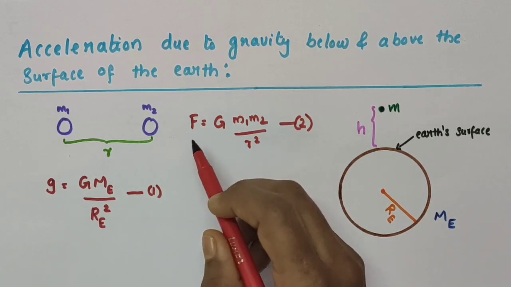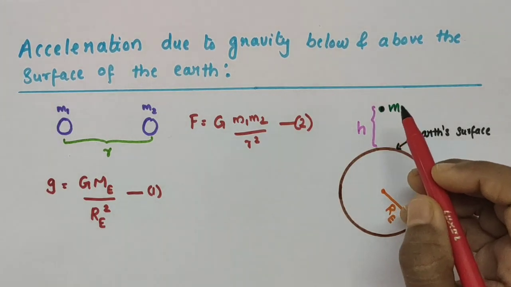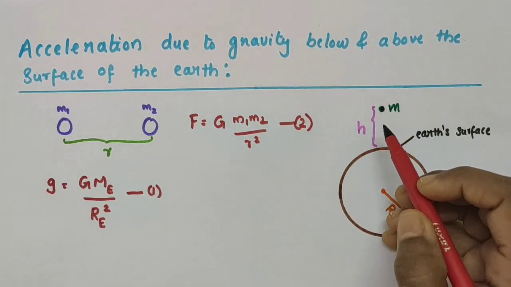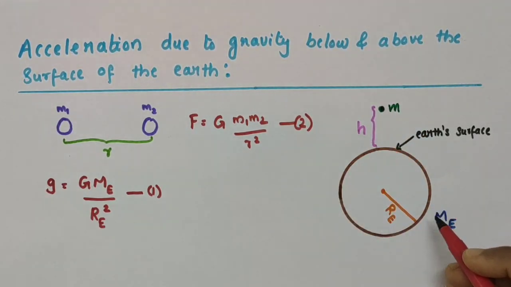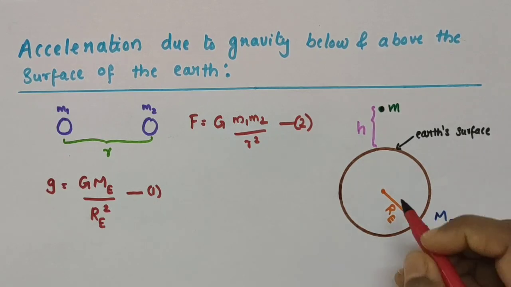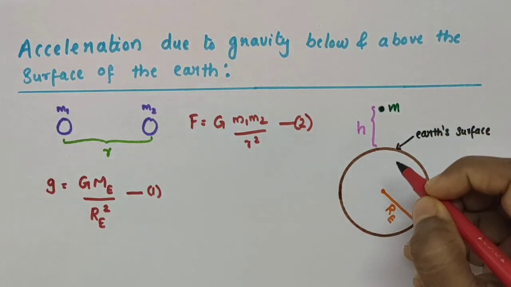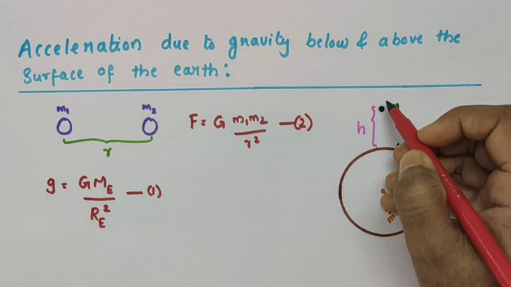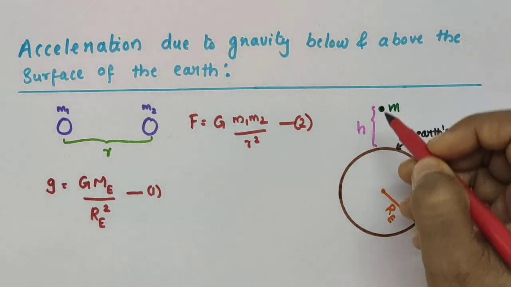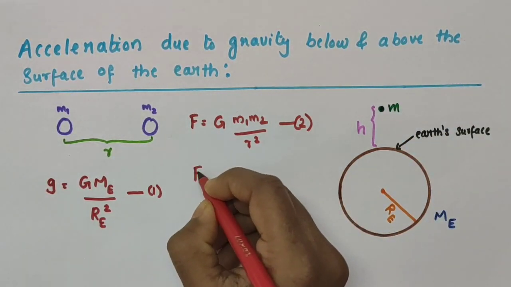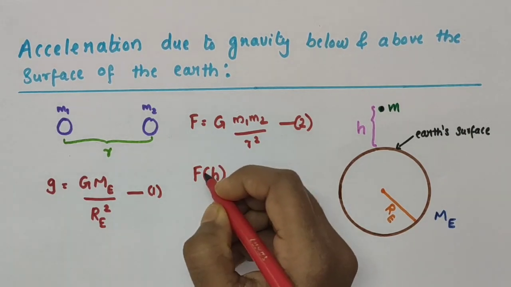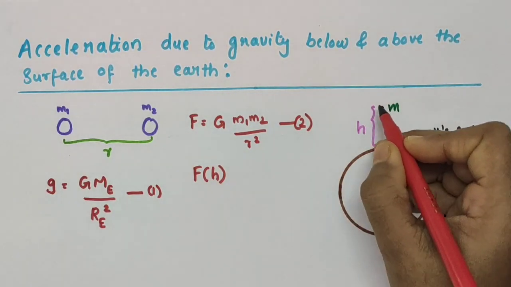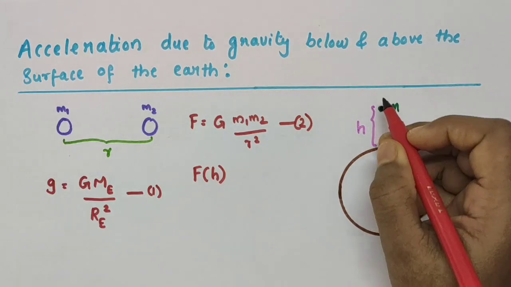So what about the magnitude of the force on the point mass m due to the earth of mass Me? Let that force be represented by F of h, the force at a height h, since that point mass is at a height h above the surface of the earth.